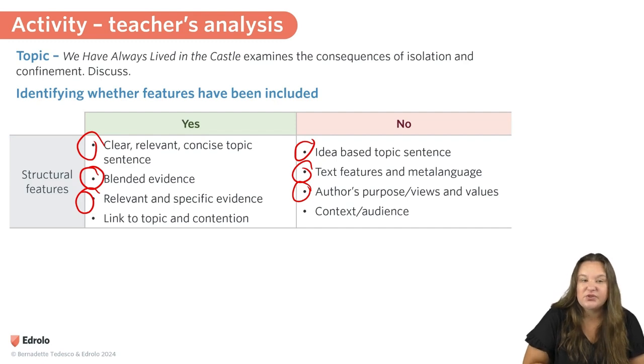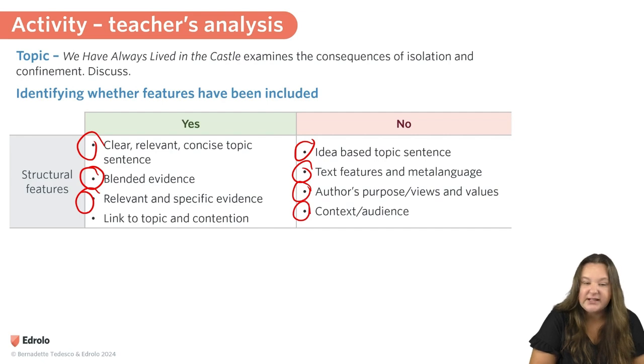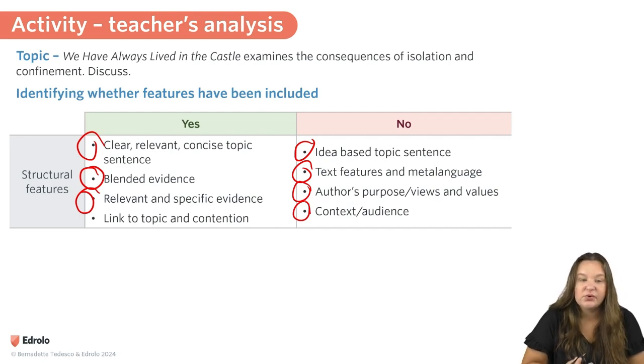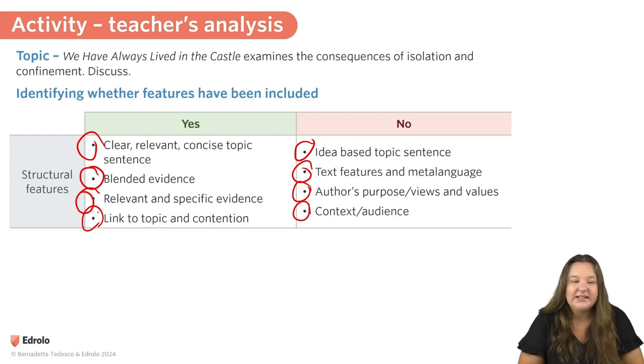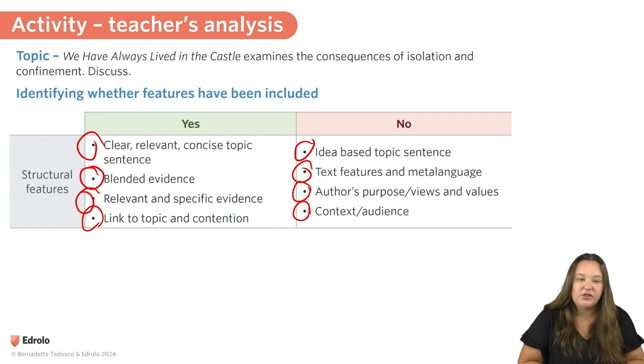So there was a missed opportunity there. There was also not any discussion of the context or the audience. It did, however, end with a really clear link back to the topic and the contention.